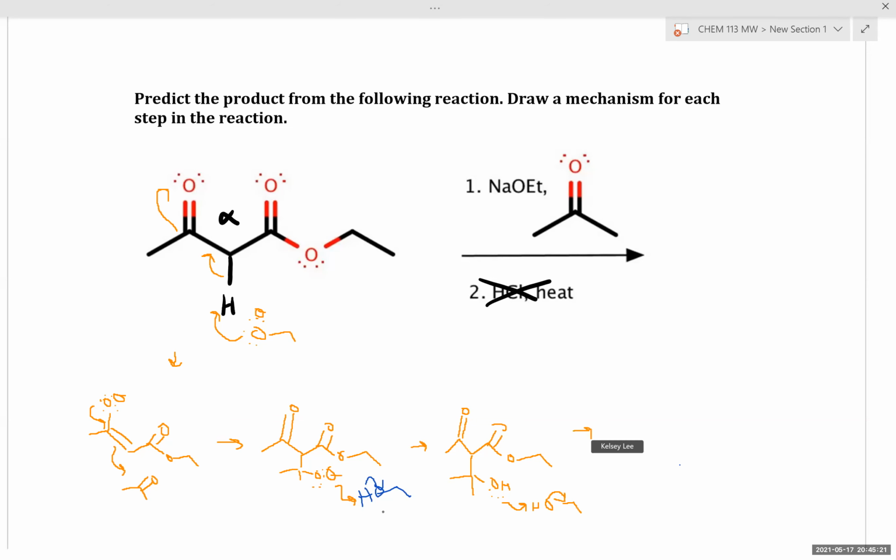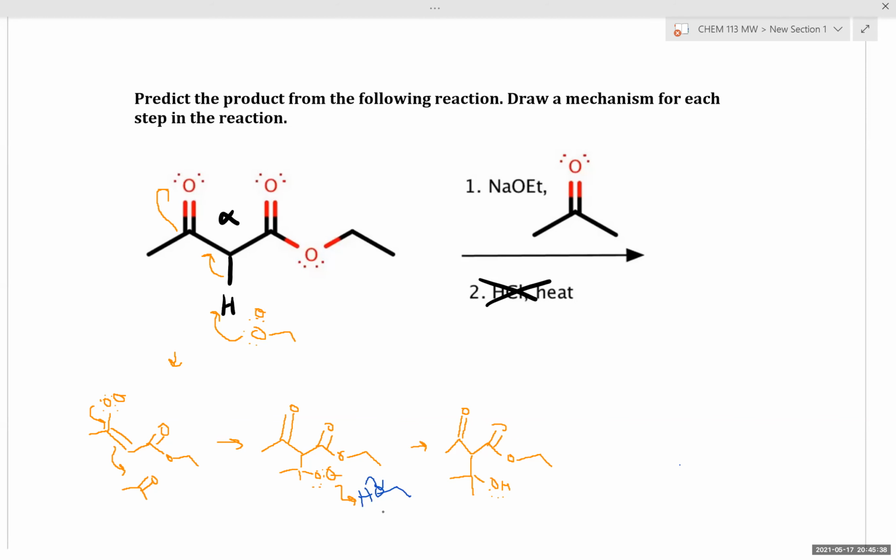So from our beta hydroxyketone, you're correct that if we were under traditional acidic conditions, we'd protonate our alcohol. But under basic conditions, rather than losing water, we can just lose hydroxide.